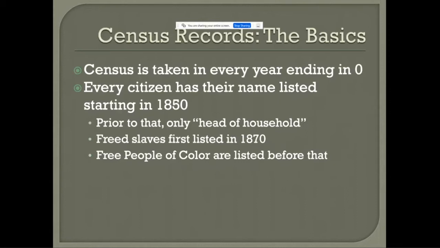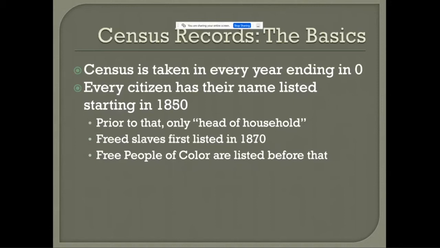Okay, starting in 1850, every citizen of the United States would get their name listed on the census. Slaves were not legally citizens of the United States. That whole 3/5 of a person thing. But that meant in 1850, everybody who had a house, wives, children, the whole thing.